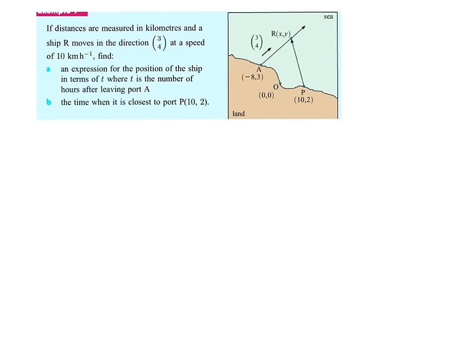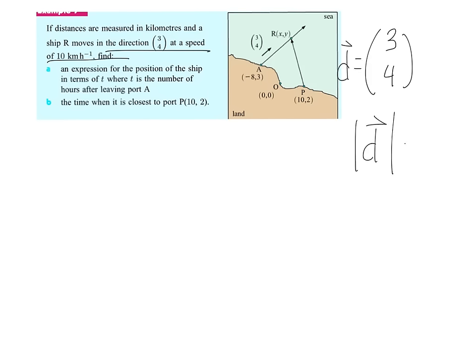So as we get started here, they tell us the direction and the speed. Well, if you have the direction vector 3, 4, let's just call that vector D for direction vector, the magnitude of that vector D is going to be equal to 5. You may notice this is a 3, 4, 5 triangle.